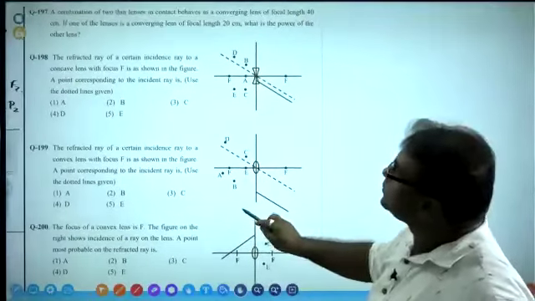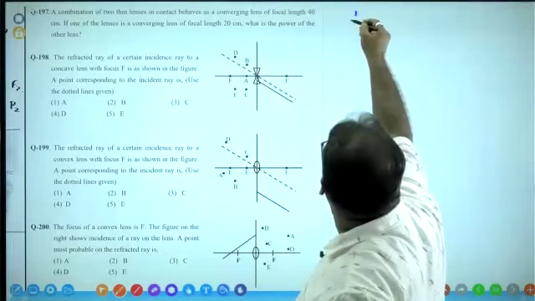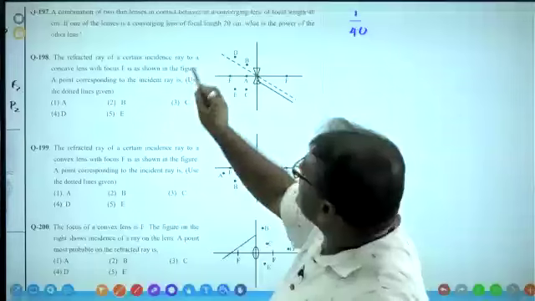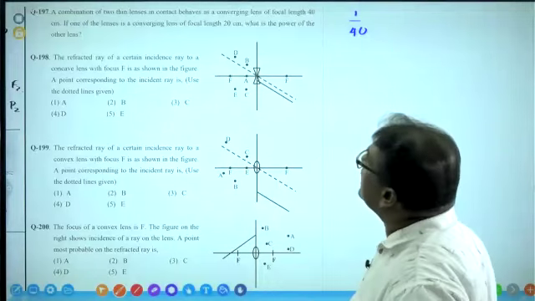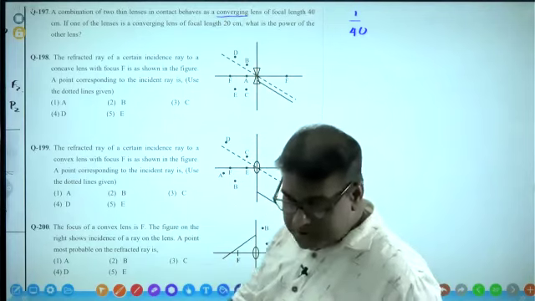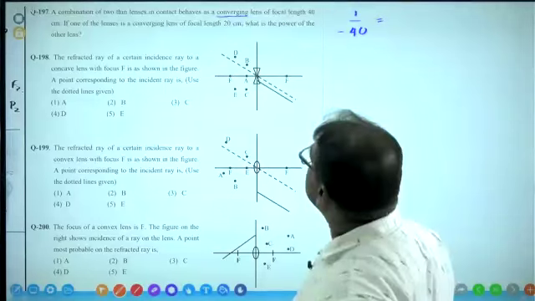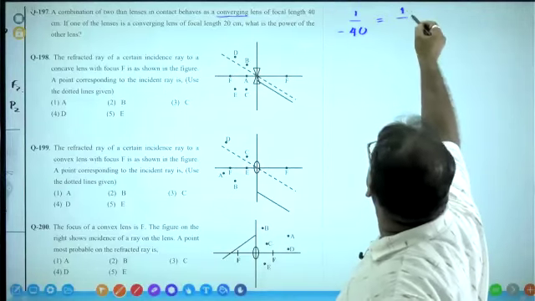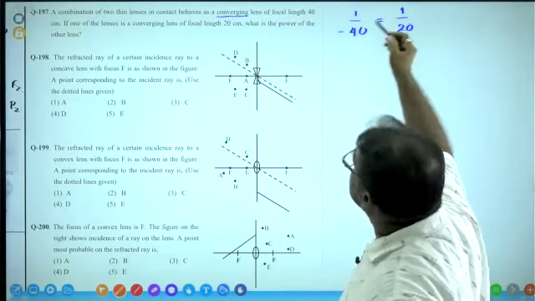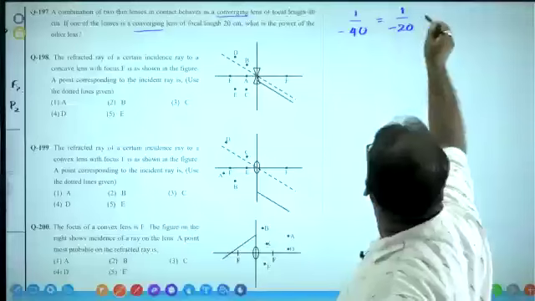We have to write the common equation, 1 over f. F is 40. A combination of two lenses in contact behaves as a converging lens, and converging means the resulting one becomes minus. The focal length of one is 20, which is mentioned as converging, so it should be minus.